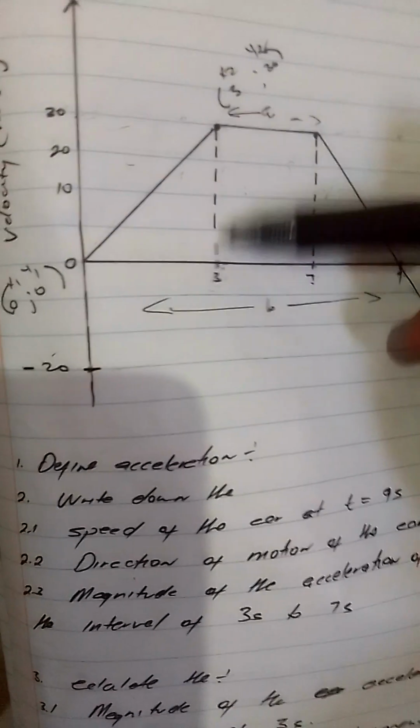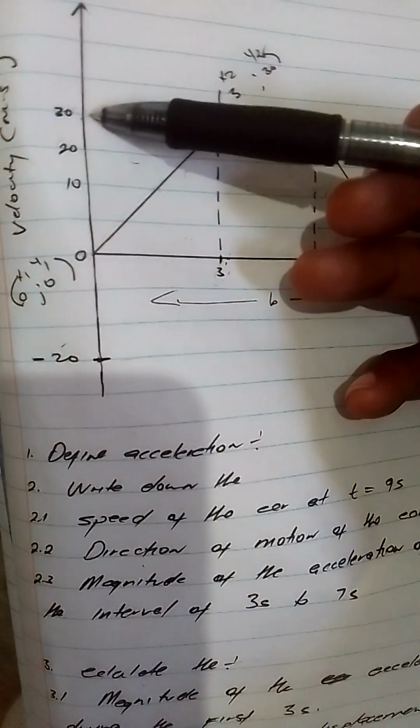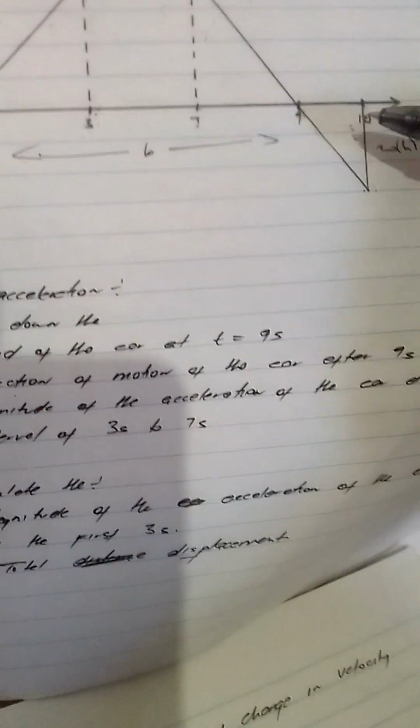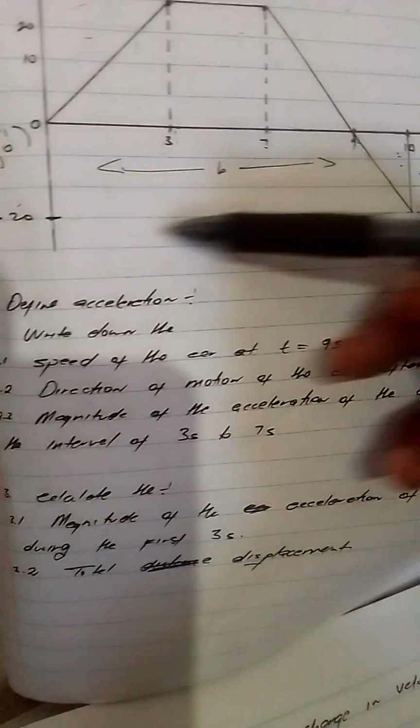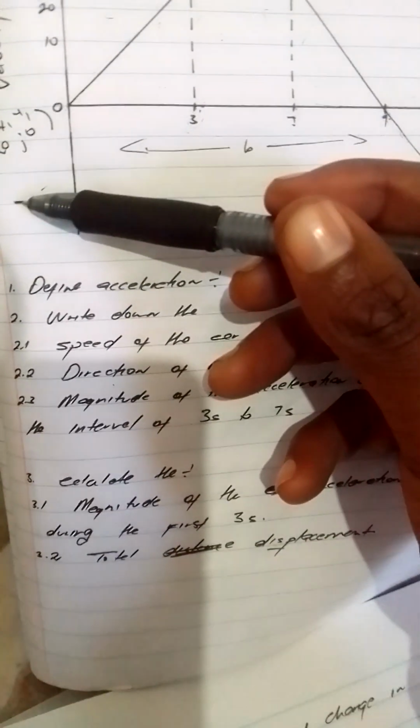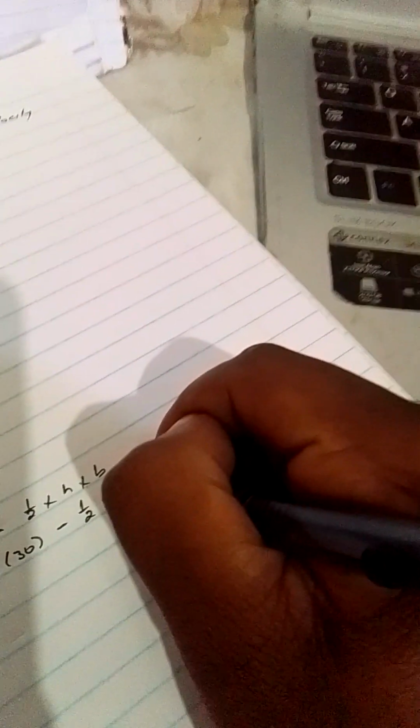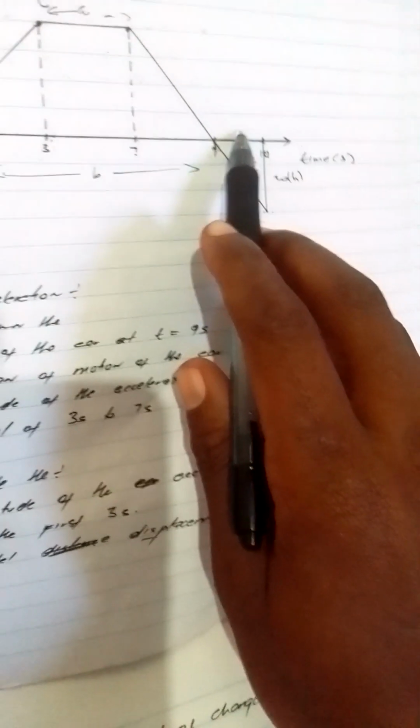Our height is 30 meters per second. Then we minus 1 over 2 times the height of the triangle, which is negative 20, but we don't consider the negative sign, so we write 20, times the base, the difference 10 minus 9, which is 1.